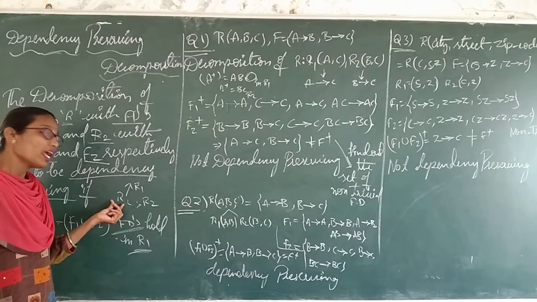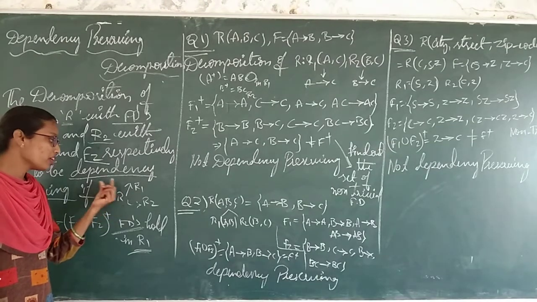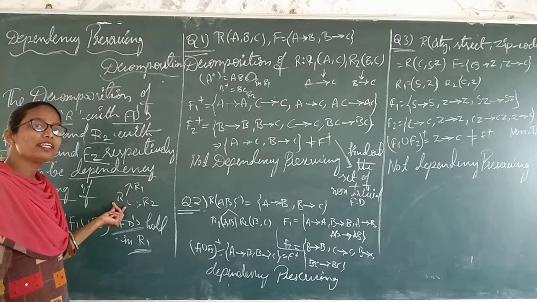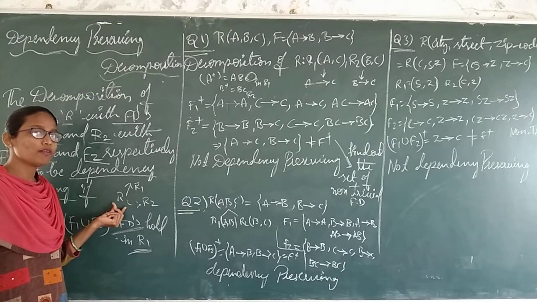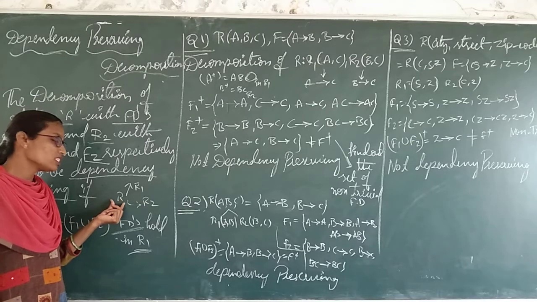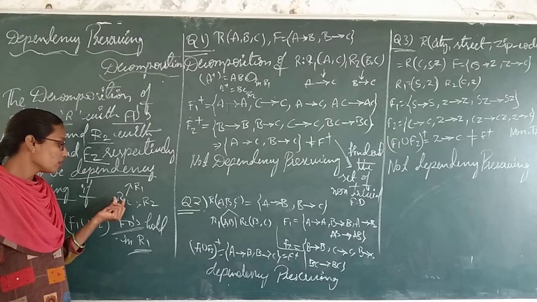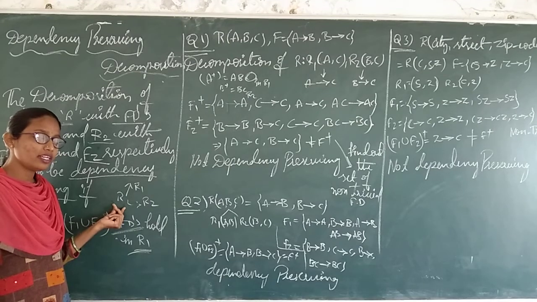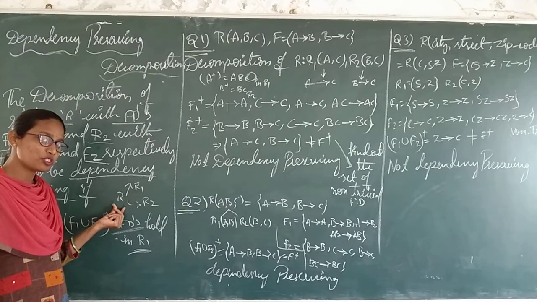For example, why are we decomposing the R relation? To eliminate the redundancy. That's why we use decomposition. Here R is a relation, and we eliminate the redundancy with the help of decomposition.